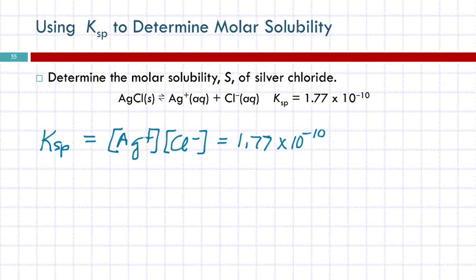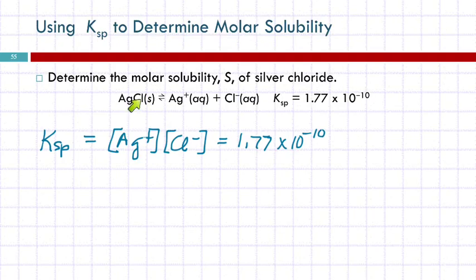If you took a truckload of brand new shoes from the shoe store, you would have an equal number of left shoes and right shoes because they come in pairs. So for every one of these that dissolves, I get one of those and one of those.